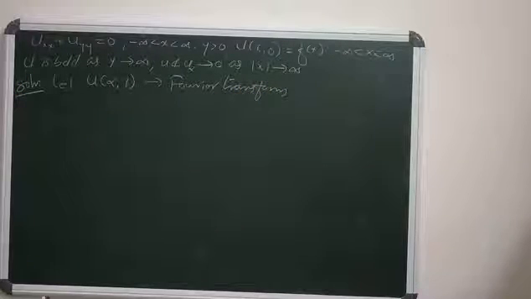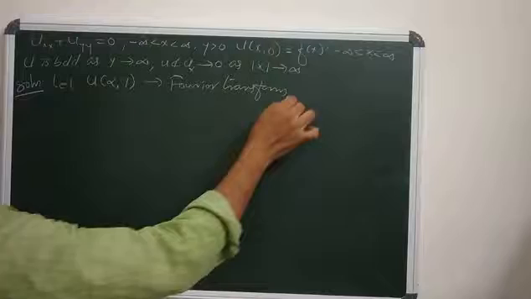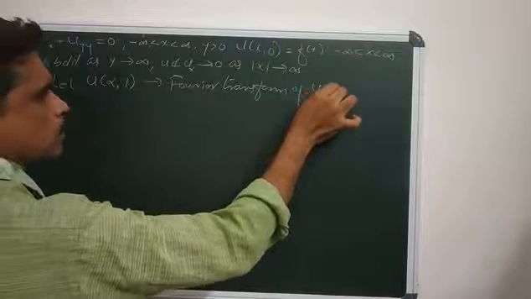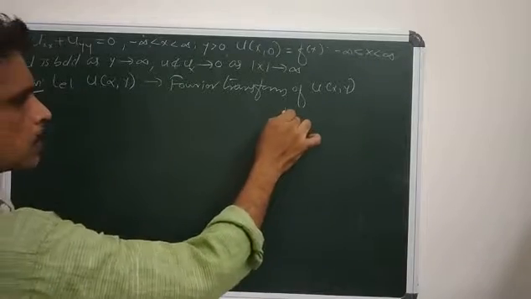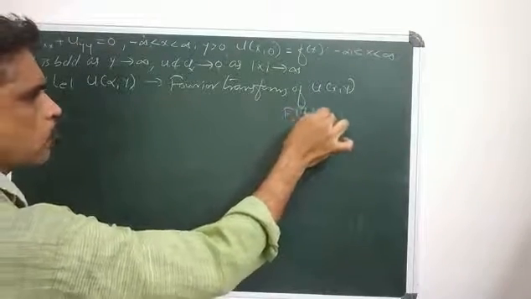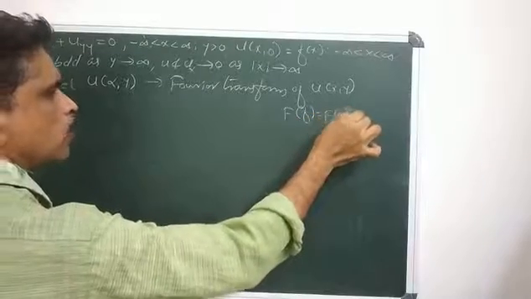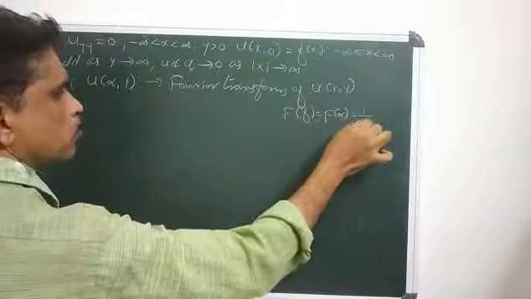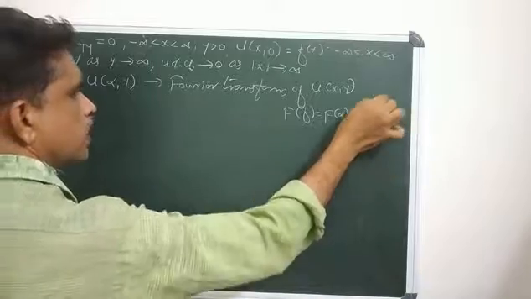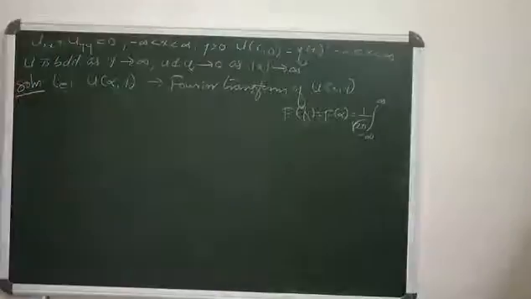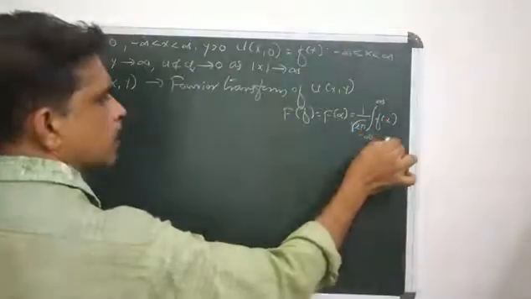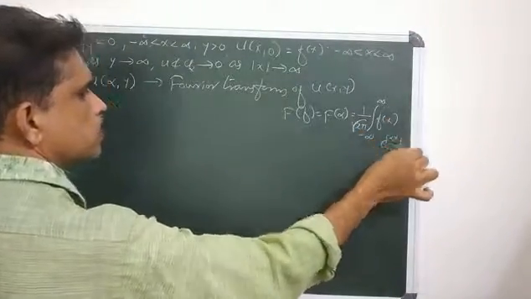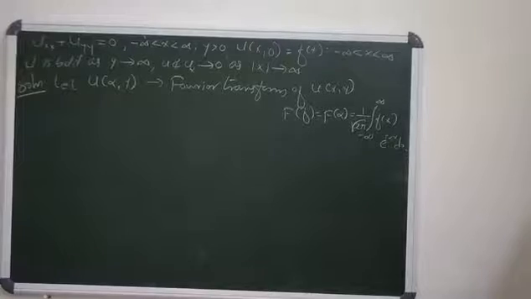Let us consider the given function f; then the Fourier transform of f, F(alpha), equals 1 by root 2 pi times the integral from minus infinity to infinity of f(x) e^{i alpha x} dx. So this is the Fourier transform.